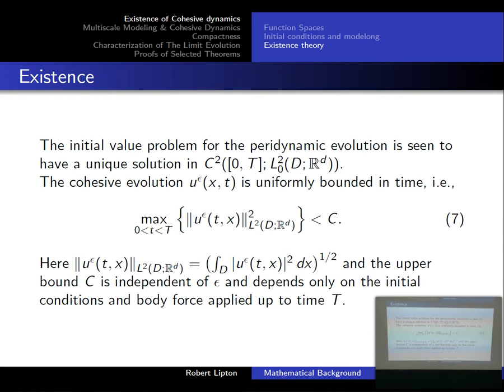And it turns out that this evolution is uniformly bounded in time by some constant C. Here the L2 norm is the usual L2 norm in X, and T appears here as a parameter. C does not depend on epsilon, and only on the initial conditions and body force up to time T. Okay, and we'll see such things coming out.